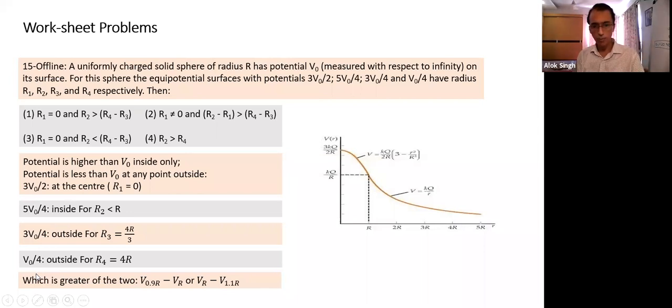Suppose I add one more question here. Can you all see that question at the bottom? Which of the two quantities will be greater? Can anyone answer based on logic? V at 0.9 R minus V at R, is that quantity greater, or V at R minus V at 1.1 R greater?